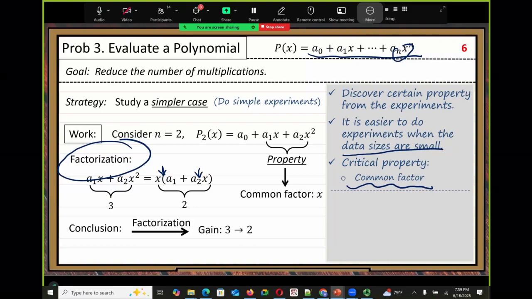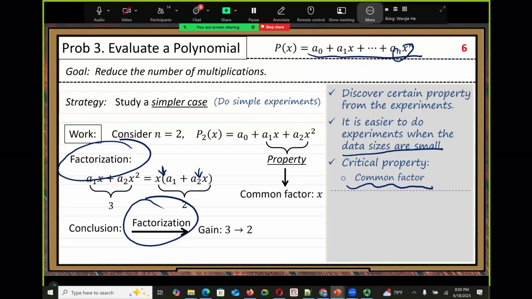So we know next, in order to get the best multiplication reduction, we should use factorization as much as we can, because that's the main reason we can do better in multiplication reduction.